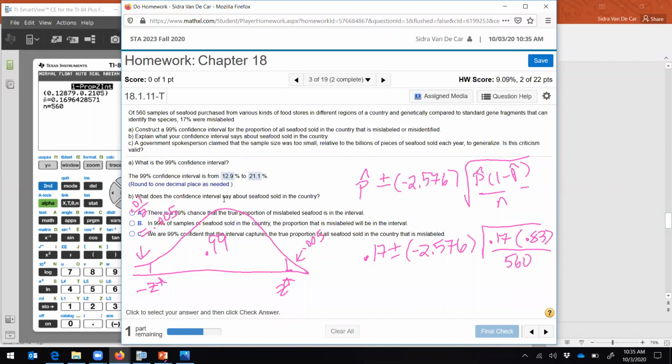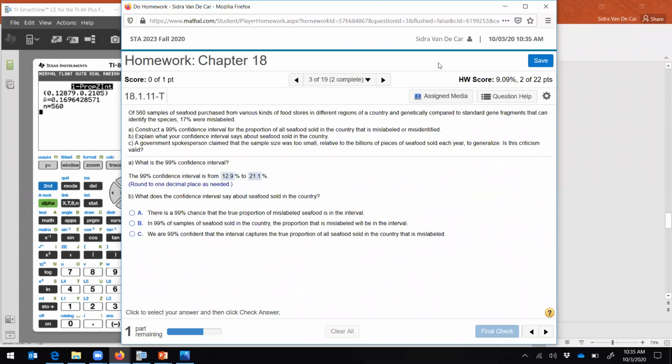All right, what does this confidence interval say about seafood sold in the country? There's not a chance that the true proportion is in the interval. The true proportion is either in the interval or not. The chance is whether that interval captures it.